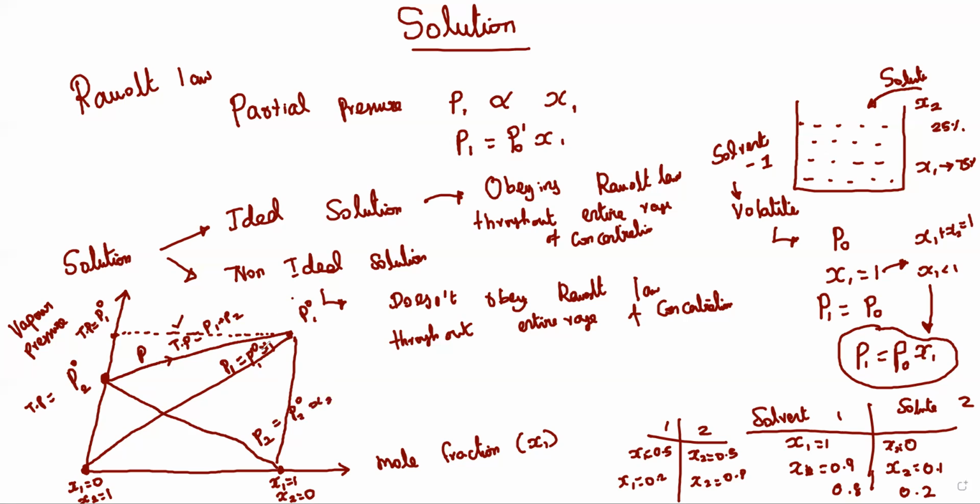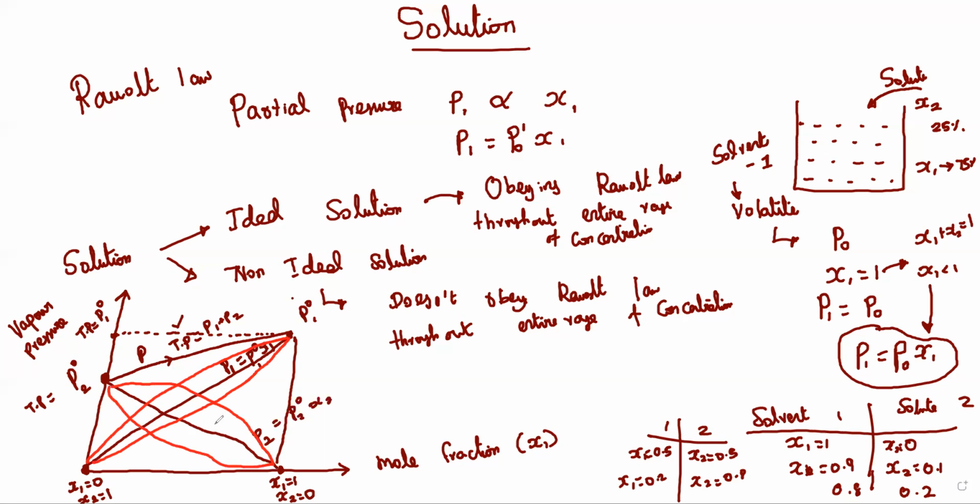What happens if it doesn't obey the Raoult law? Then the partial pressure value may be lower than the calculated value or higher than the calculated value. It may be like this or like this, and here it may be like this or like this.